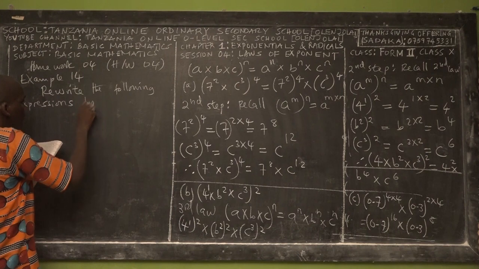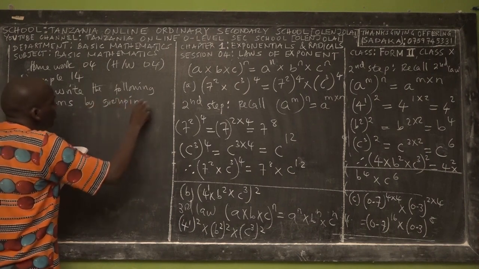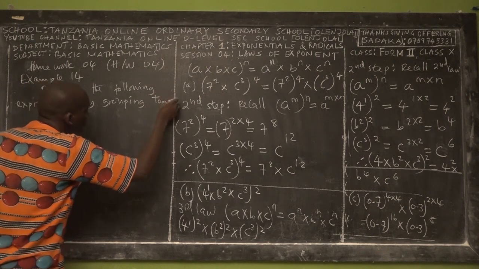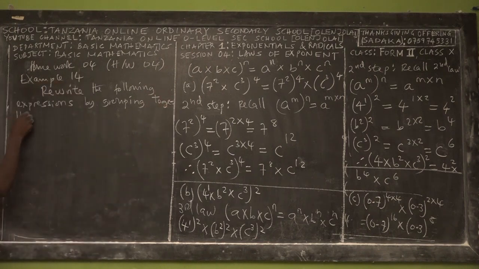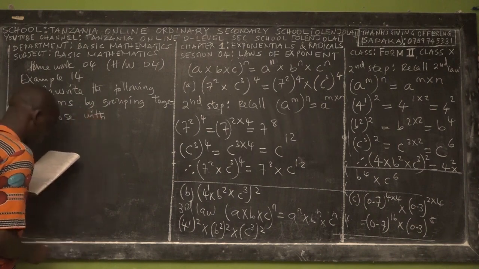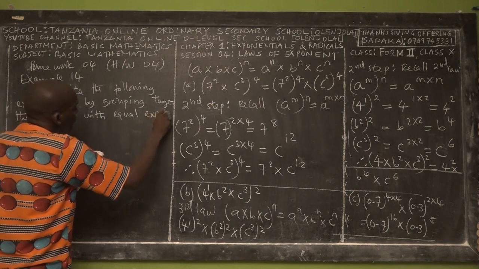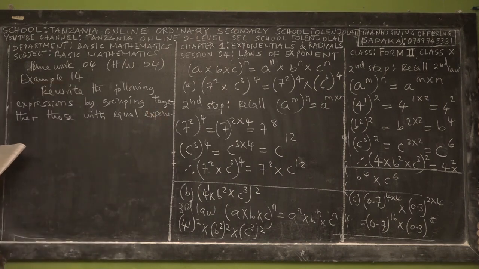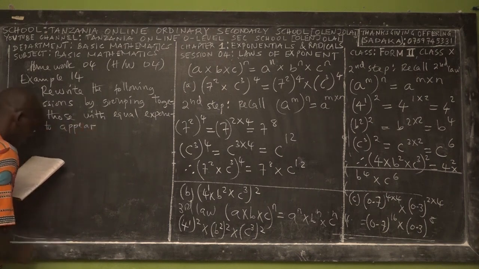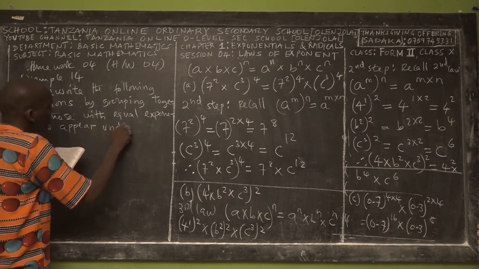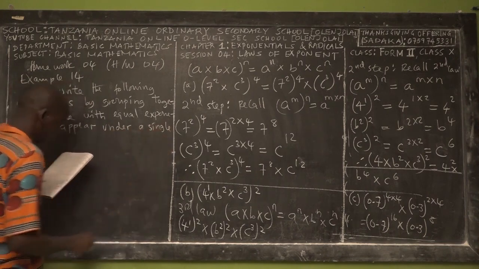by grouping together those with equal exponents to appear with a single exponent.